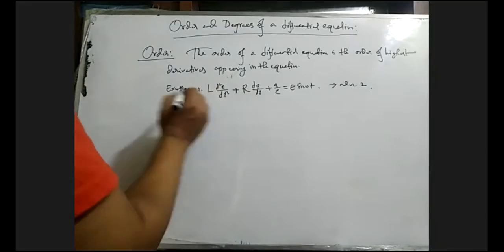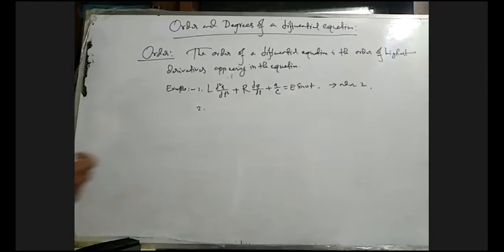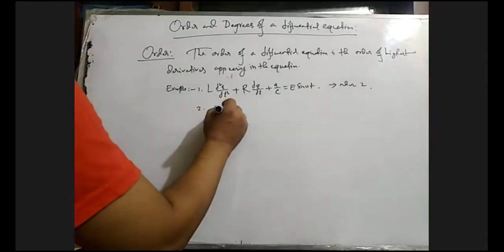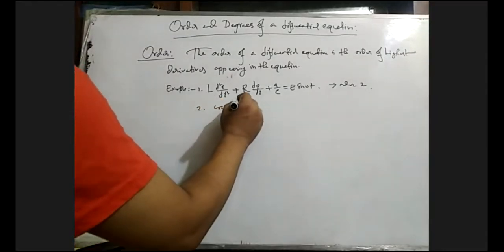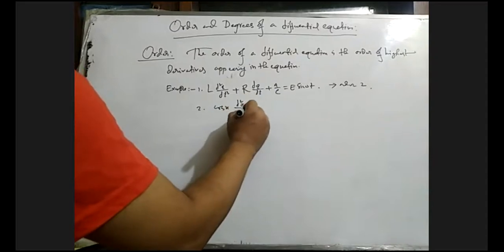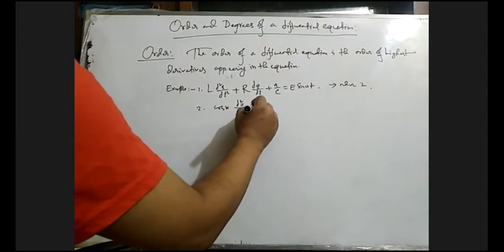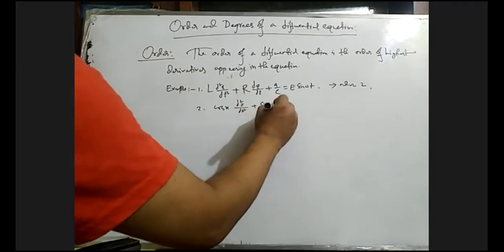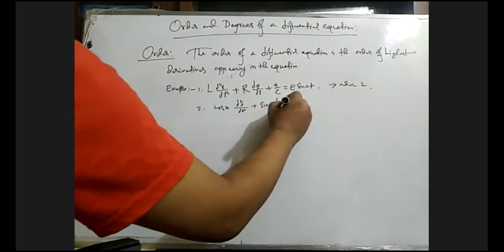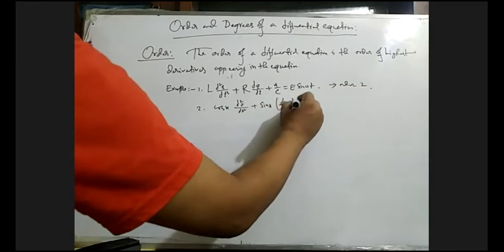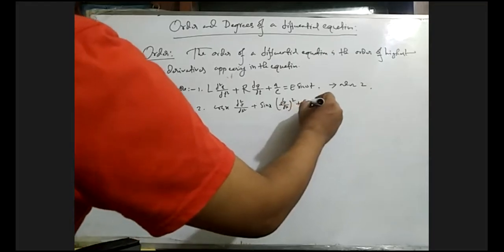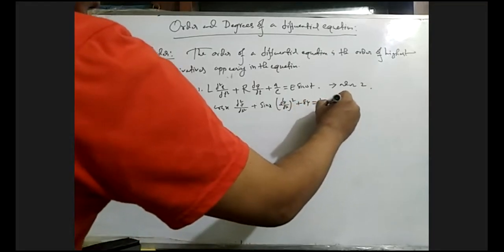We can give another example. Cos x d square y dx square plus sin x dy dx whole square plus y equals tan x.